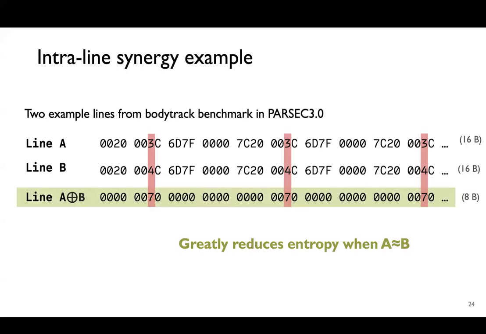When we XOR them, we end up with a more compressible pattern with many zeros, which means we can further compress this line A XOR B. So in this specific example, A and B using intraline compression, I think in this case BDI alone, can be compressed down to 16 bytes each, making them 32 bytes in total. Whereas when combined with XOR compression, they can be aggressively compressed down to 8 bytes, showcasing XOR's ability to work as a catalyst for compression.